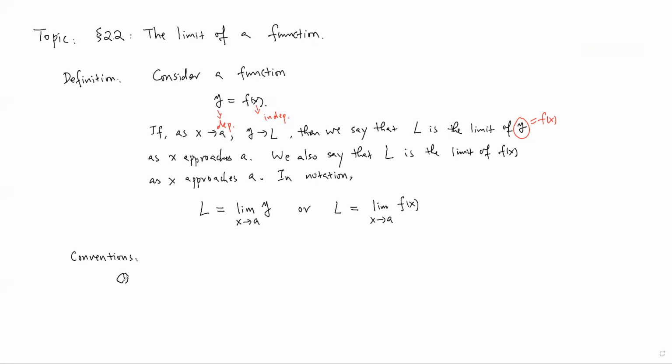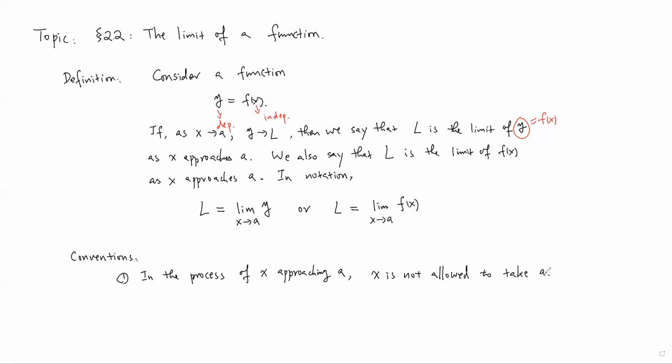Number one: in the process of x approaching the point A, x is getting closer and closer to the point A. In this process, keep this in mind, x is not allowed to take the point A.